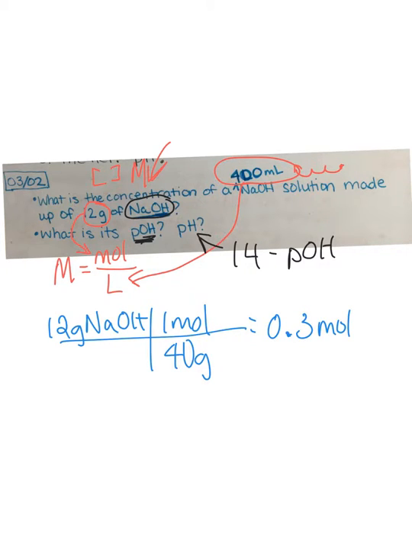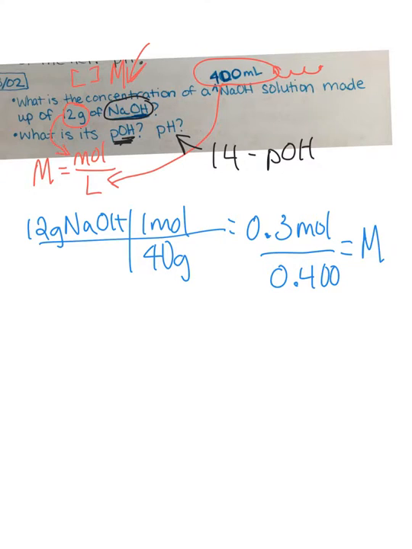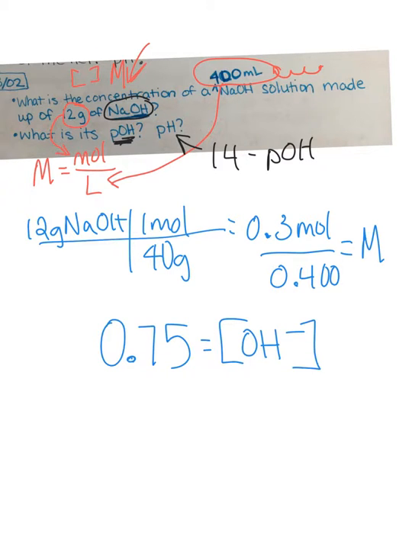So now that we have that, we can throw it over our liters, which was 0.400 to get your molarity, right? And then from there, your molarity was what? 0.75. Thank you. Okay. 0.75 was your molarity, so that's your concentration of OH minus.